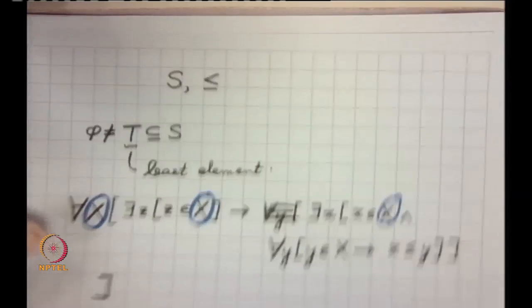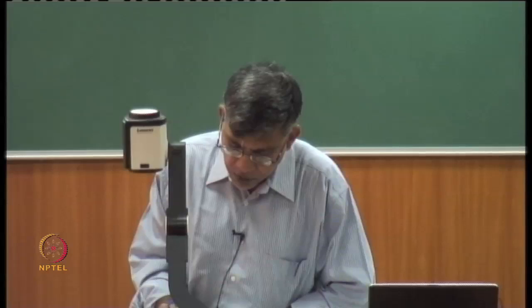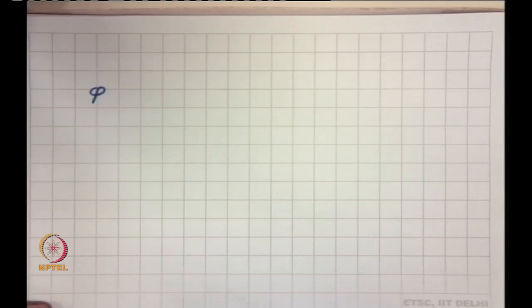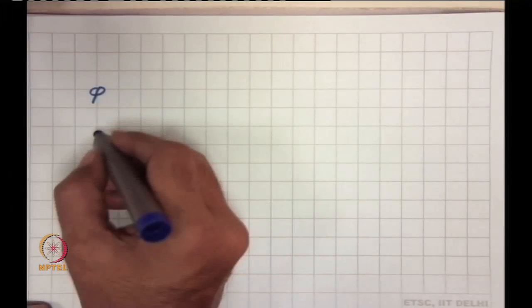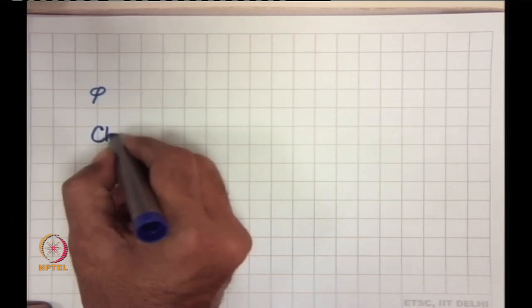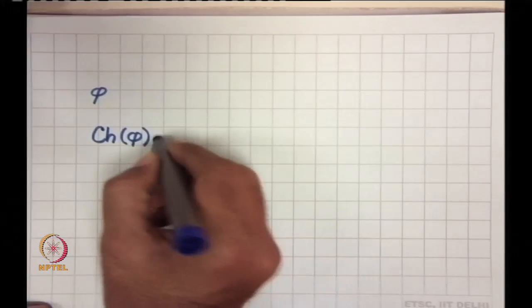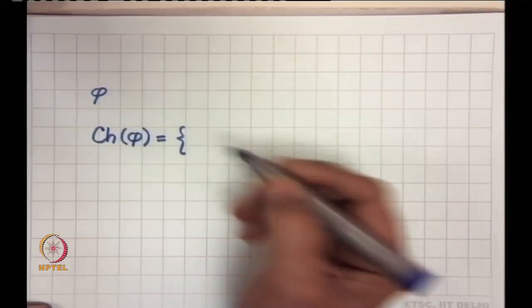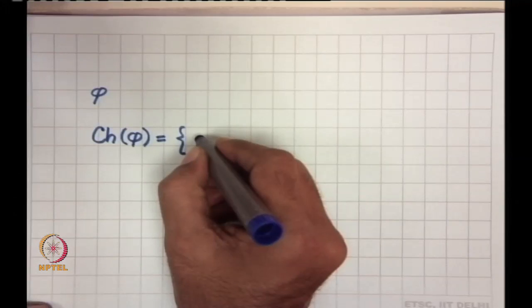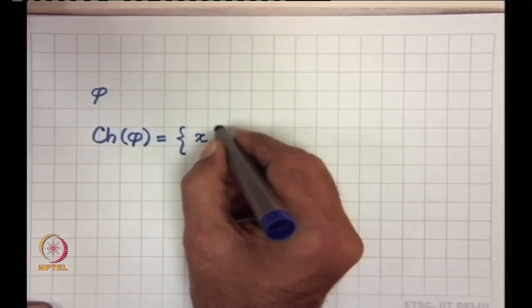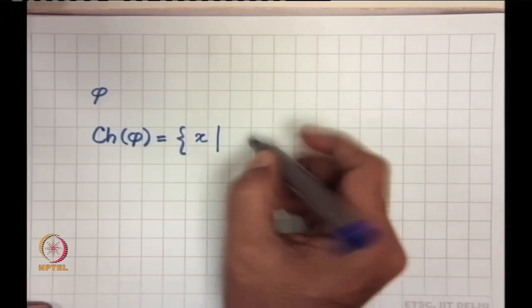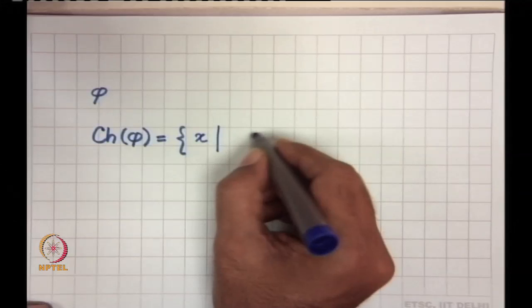So, for any property phi, let us say phi is a first order property, then I can think of a characteristic set of phi as being defined as the set of all elements x such that phi of x is true.